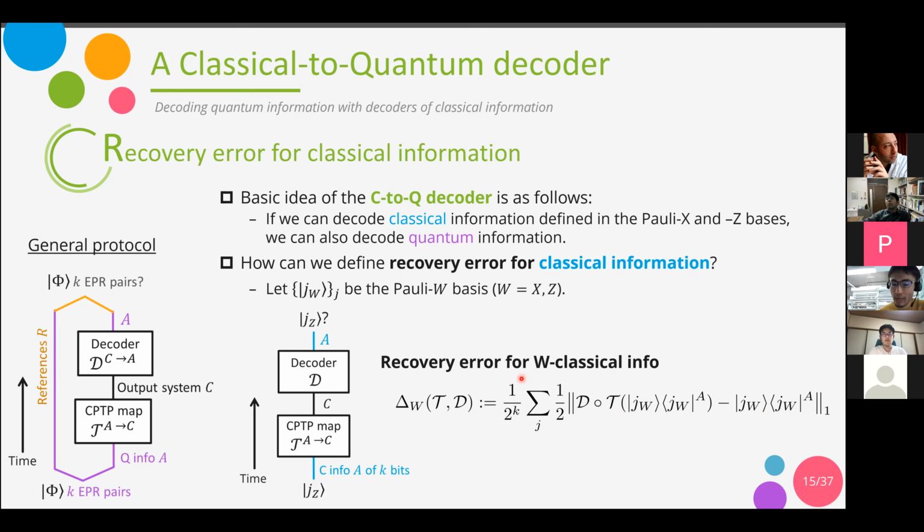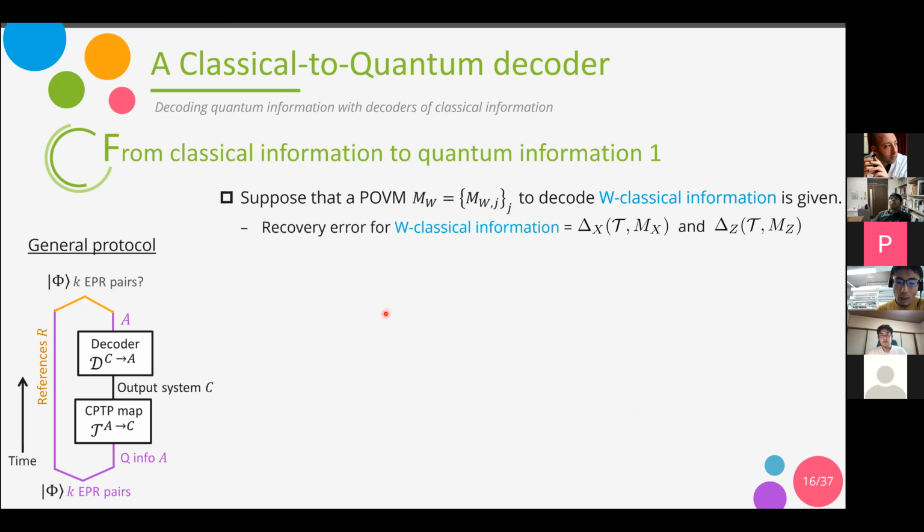After that, we take the average of this quantity over all uniform choices of j. So this is an average distance when the input is one of the basis states. And we define the recovery error for W classical information in this way.